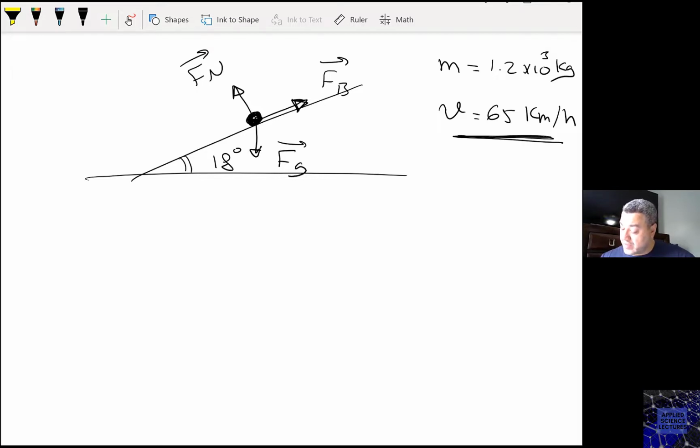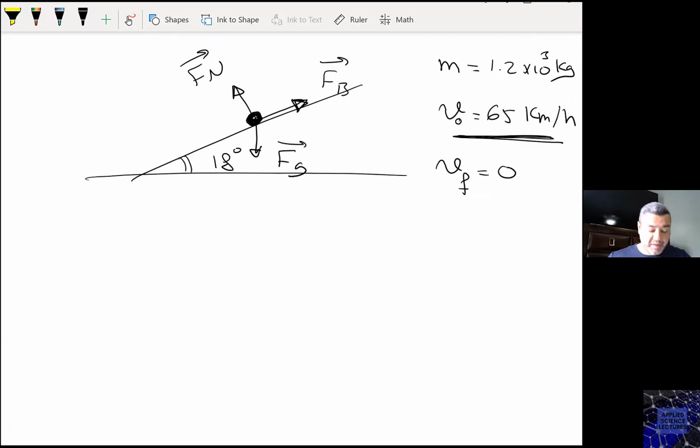So in this case, we have this v naught, which is the initial speed, and the final would be 0.